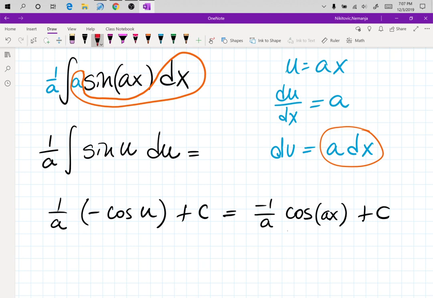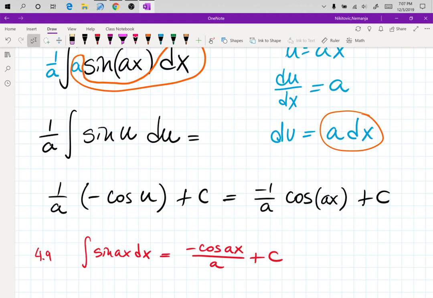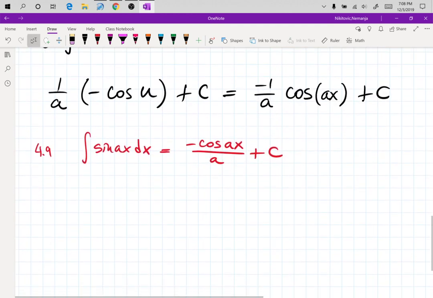So this becomes the 4.9 formula, which said integral of sine ax dx was negative cosine ax over a plus c. So this is the formula which you guys have seen in 4.9, and now you know where it comes from and what's going on. Cool. Next.